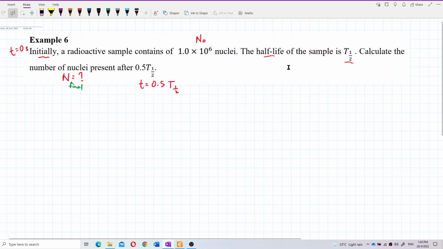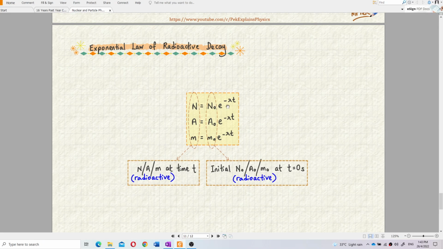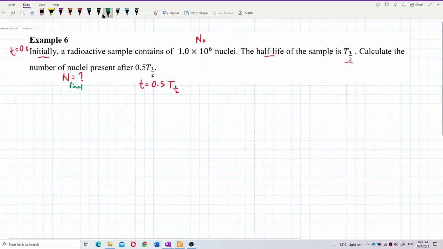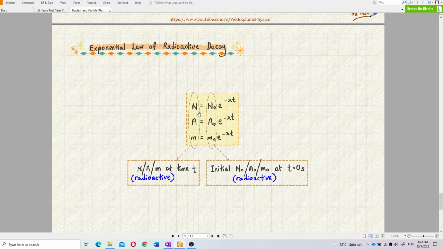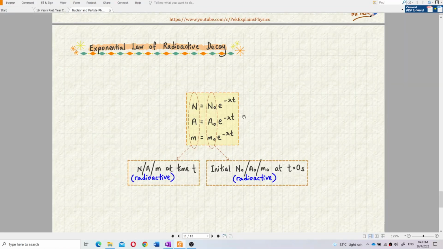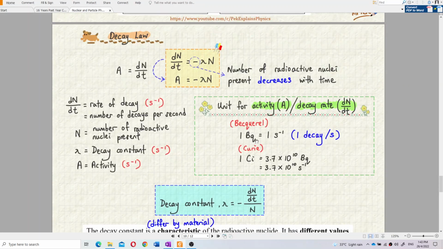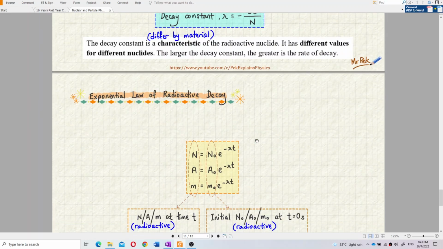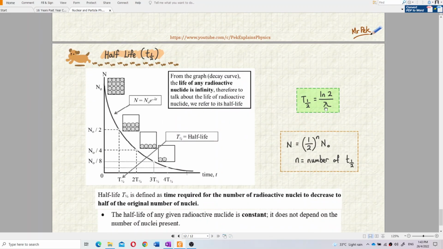So how are we going to do this question? We're going to use the formula N equals N naught exponent negative lambda t. So we know the decay constant lambda is ln 2 over half-life.